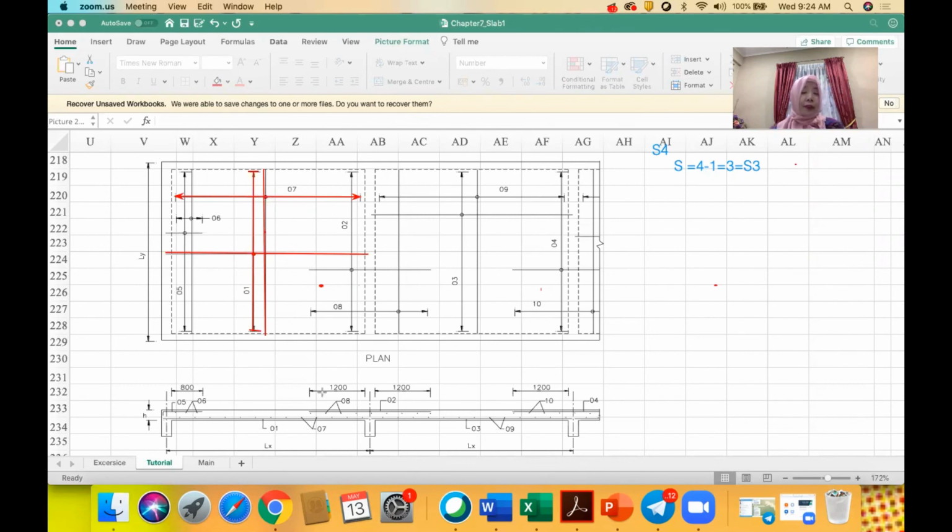And do the similar way for the other steel, yeah. For example, here at the support we have 02. 02 must be located from here, one cover here, to one cover from the top, and show only one of them.